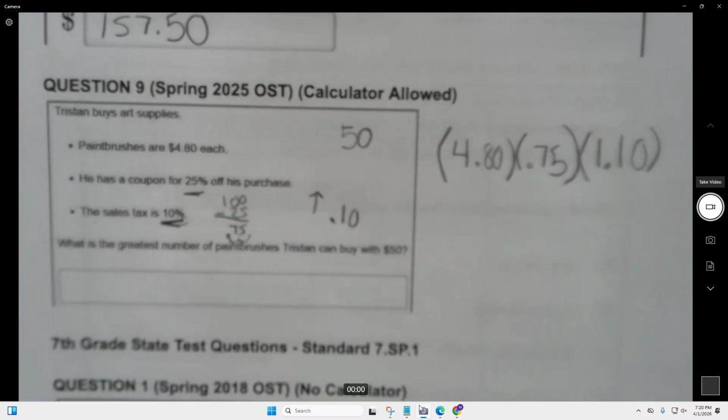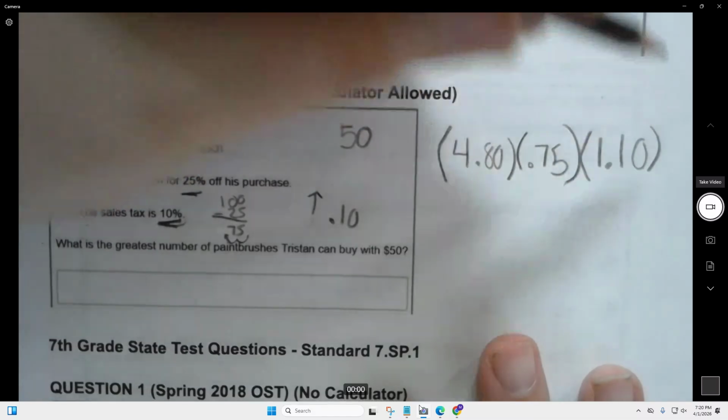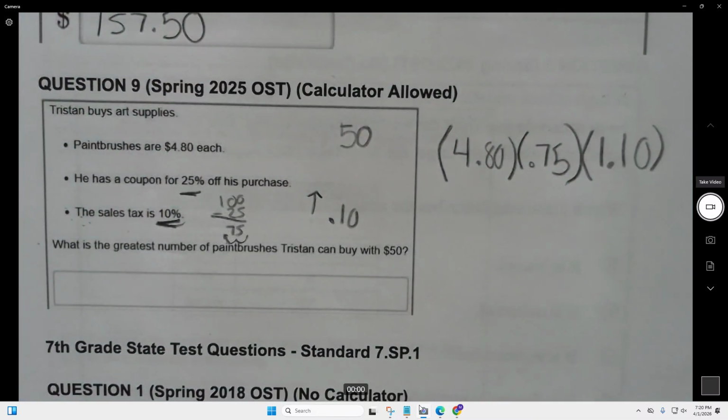I want to make sure that I make that clear. If you just did 0.75 times 0.1, that would make the final price drastically smaller. If it is a price increase, you have to put 1 point whatever percent it goes up. Because you're paying 110% of the price.